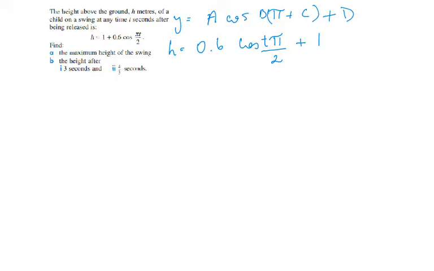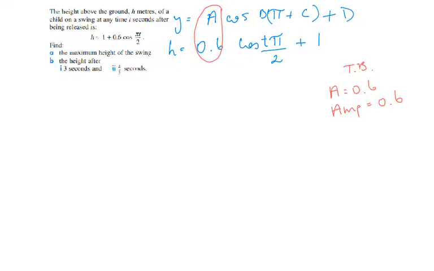And from this we can do our thought bubble. So we have our thought bubble over here, and I would like you to always do that as your first step. So we've got our a value is 0.6. So a is equal to 0.6, which means our amplitude is 0.6. Alright.